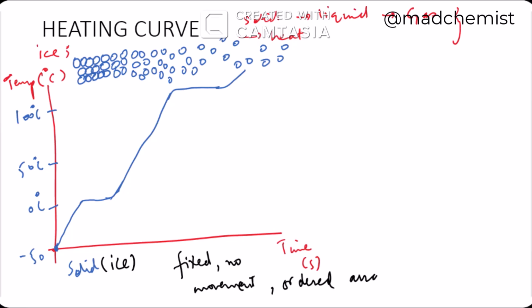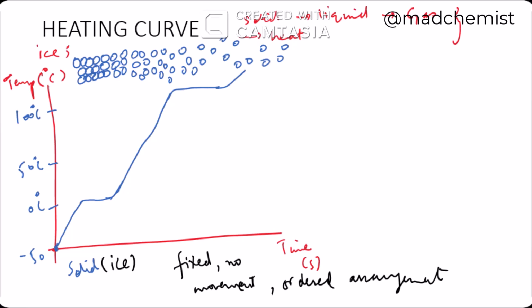As the temperature increases, at 0 Celsius, they start changing their movement or their state as the particles start absorbing energy that is being provided from outside. Before that, there is no change because the particles persist in their own state. The outside temperature is not enough for these particles to have any specific change.